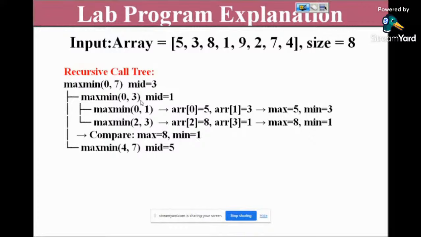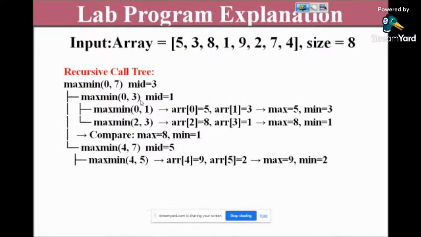Then the problem is complex. Again you have to divide that right part of the array into 2 parts, that is maxmin of 4,5 and maxmin of 6,7. Just look at that.